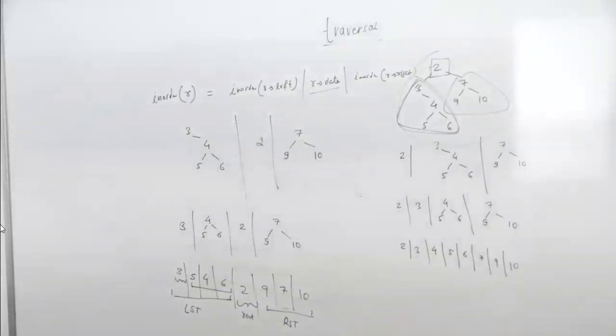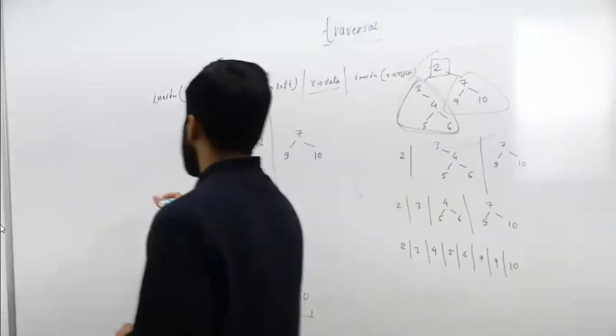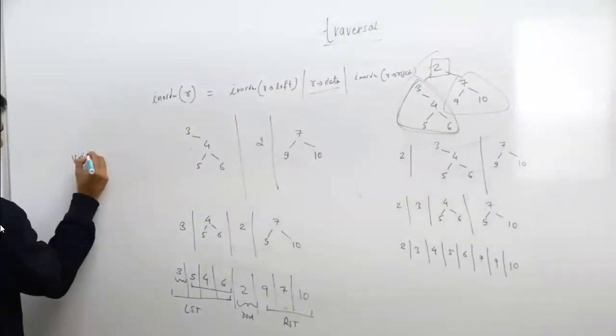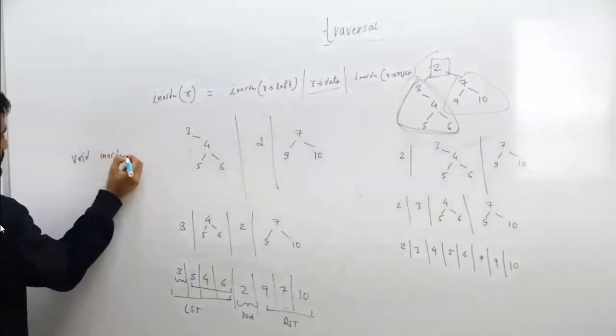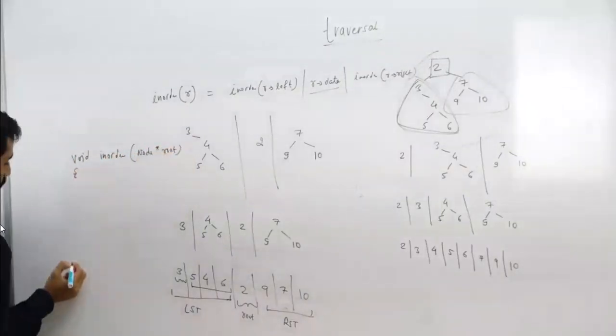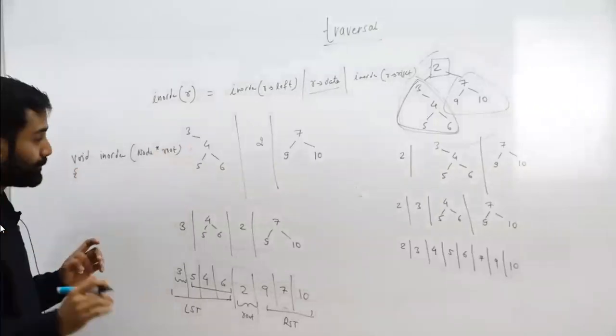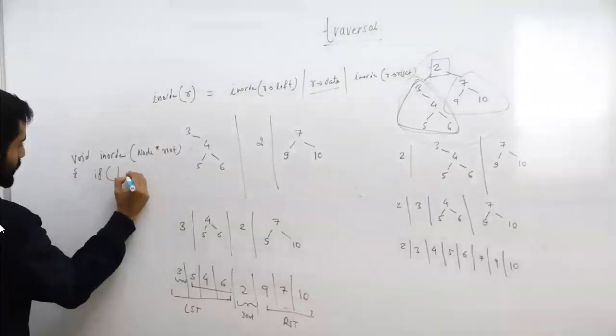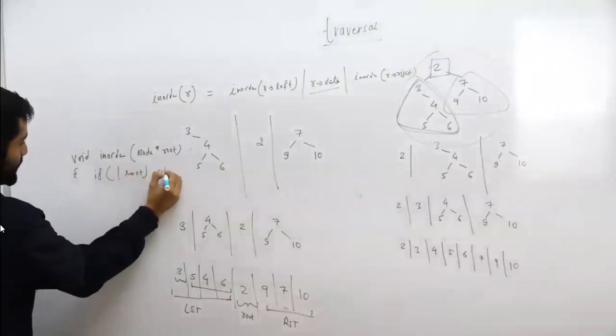Feeling confident now to predict the output of in-order traversal? Okay, how many of you can write your code to generate the in-order traversal? So the only change that will come is, let's say you have void inorder, and here you are passing the root of a tree. The termination condition will be exactly the same, because if you encounter null, just return.